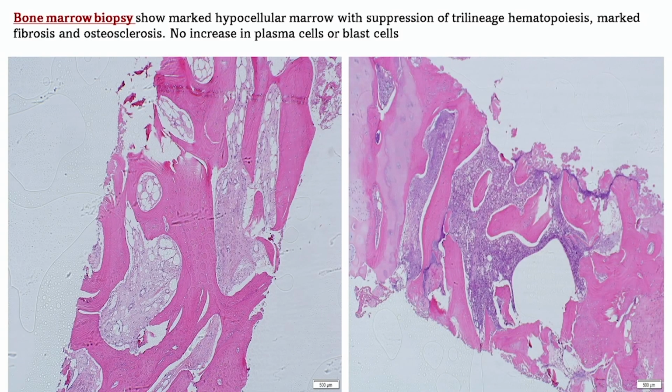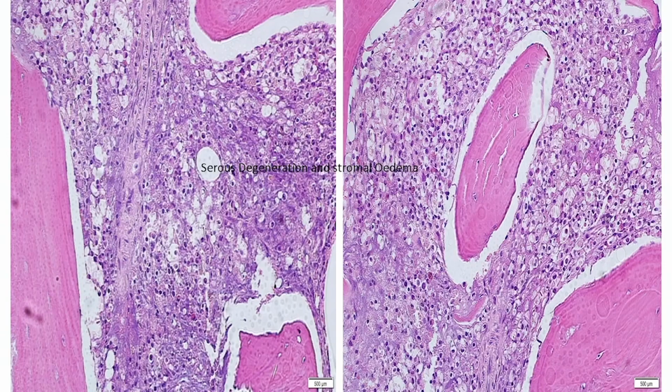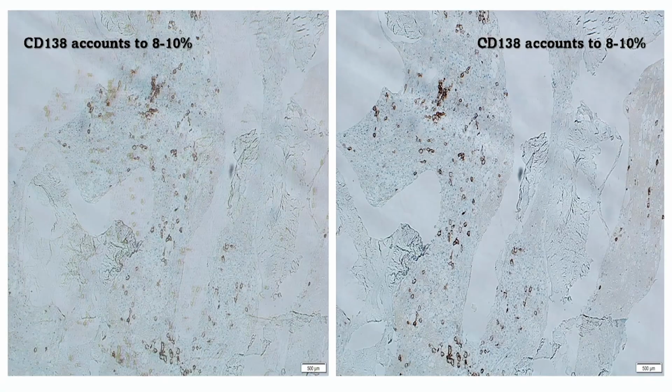We find marked fibrosis and new bone formation, osteosclerosis. Almost all the bone marrow spaces are blocked due to the fibrosis. Here there are a few areas which show cells with serous degeneration and stromal edema.